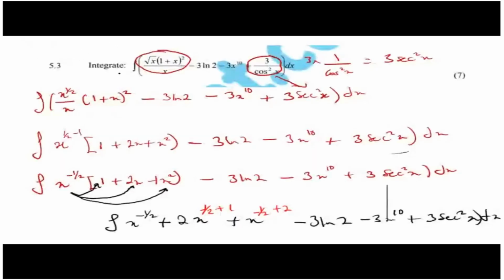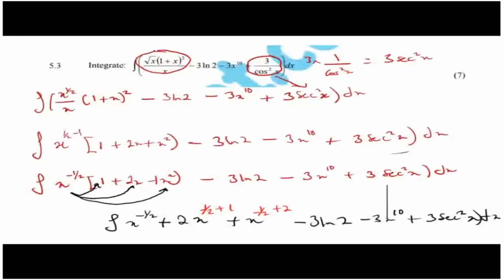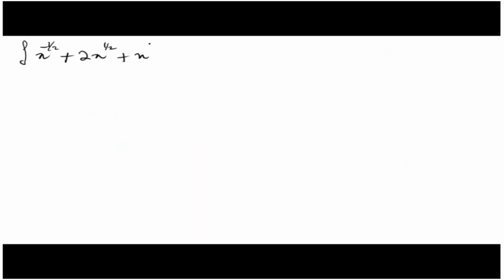So you have x raised to power negative half, then plus 2x raised to power half, then plus x raised to power half plus 2, which should be 3 over 2.